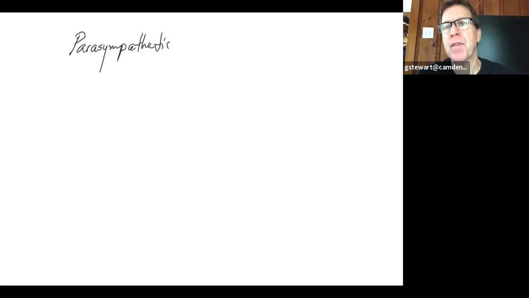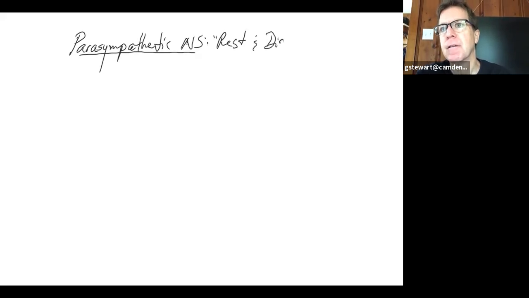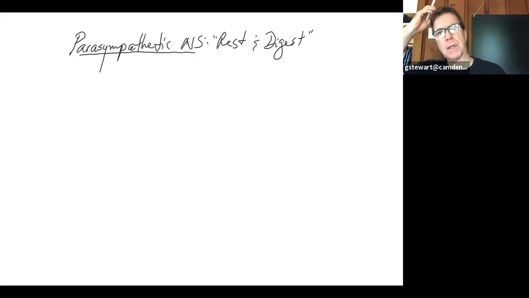The parasympathetic nervous system is known, and I've said this in the past, I'm just going to reiterate, as the rest and digest function of our nervous system, because that's a great way to remember it, and all textbooks label it this way, and you'll see why as I detail the functions.